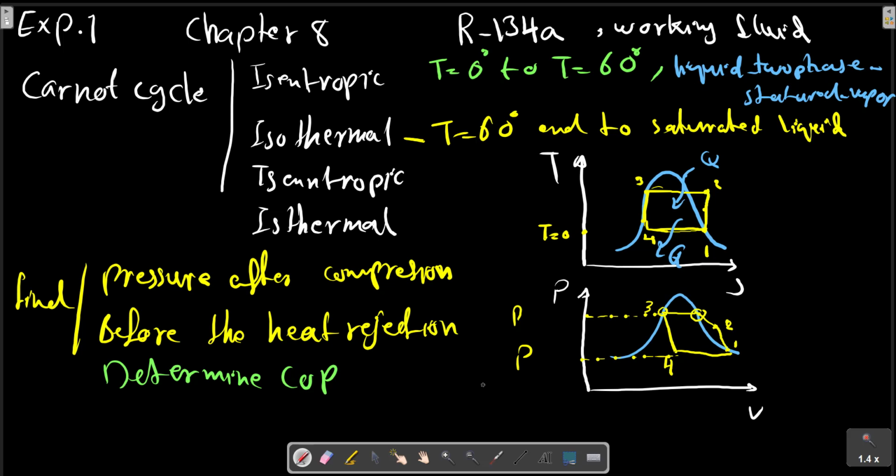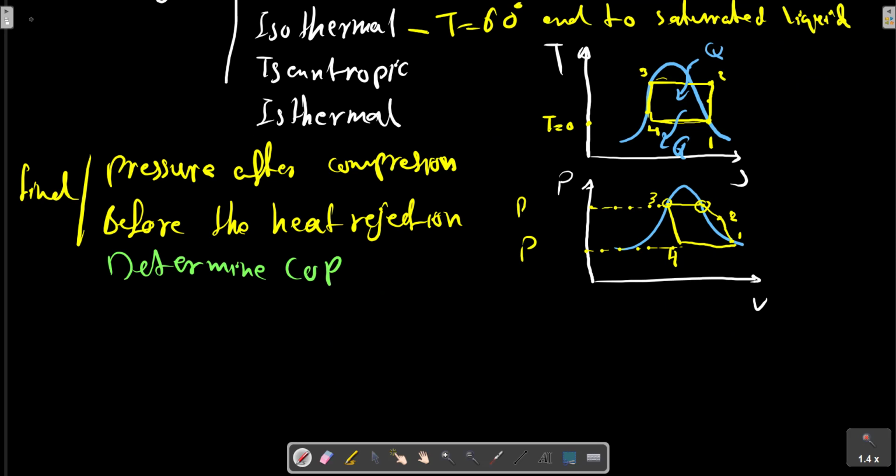Find the pressure after compression. In the PV diagram, we have an expansion. Find the pressure before compression. Before compression, we have a compression process.